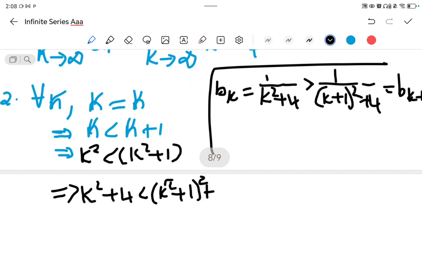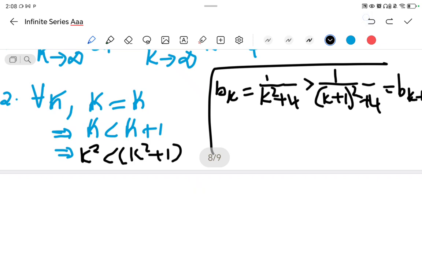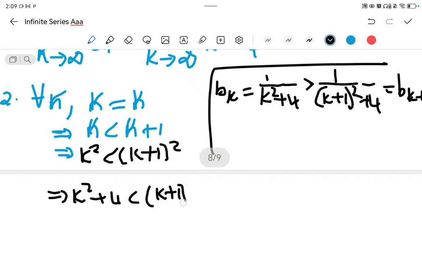Look what I'm doing. I squared the wrong thing. Then I add 4. This will flip now.